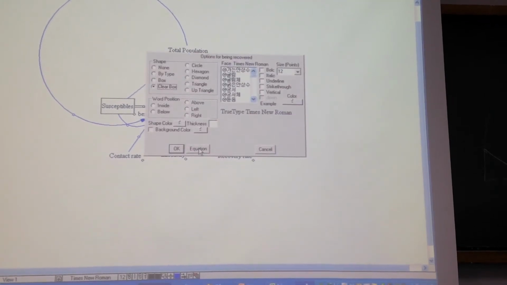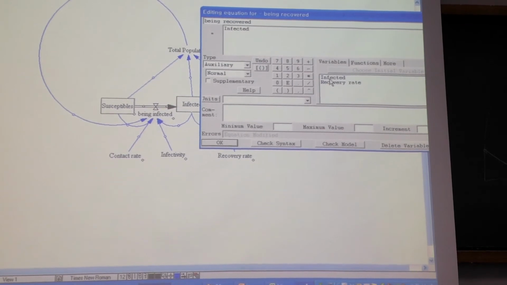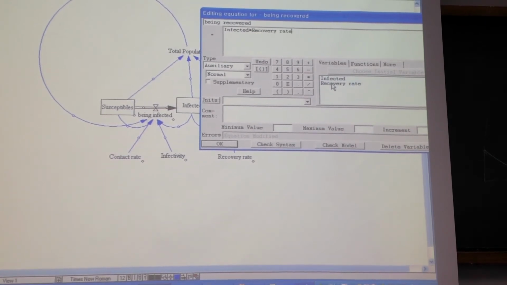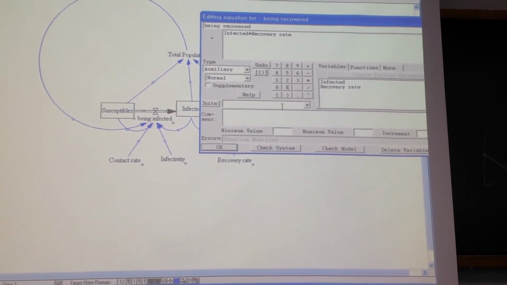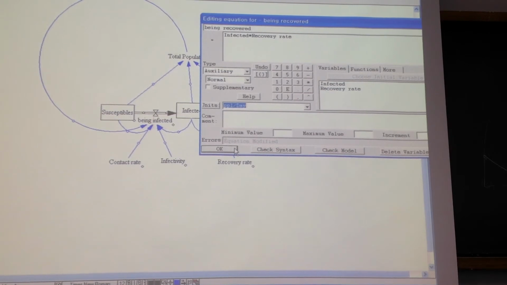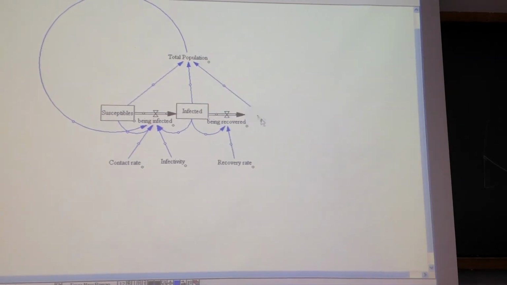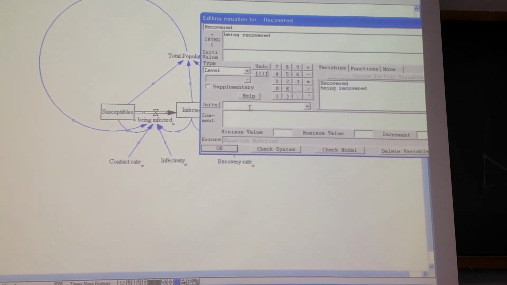And being recovered, that's the rate, which is simply gamma times infected. So recovery rate times infected. So the unit is again people per day, since it's a rate. And recovered is the integration of inflow.